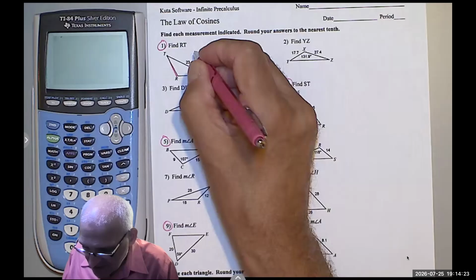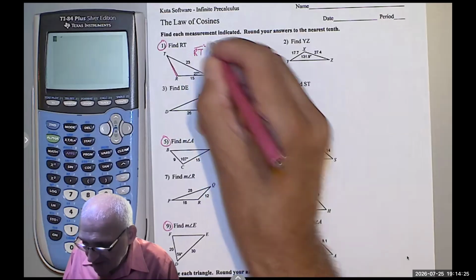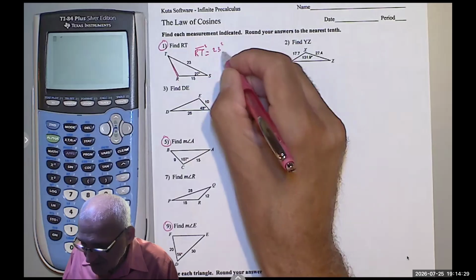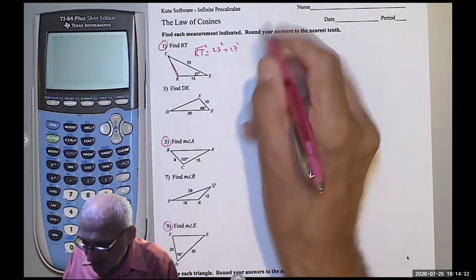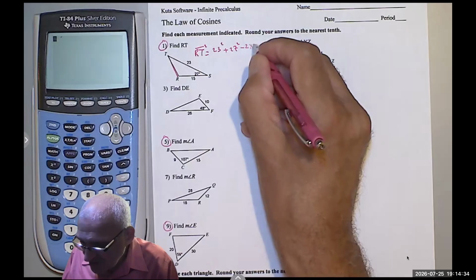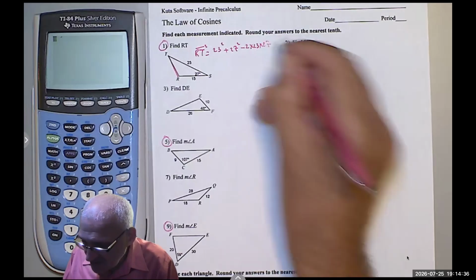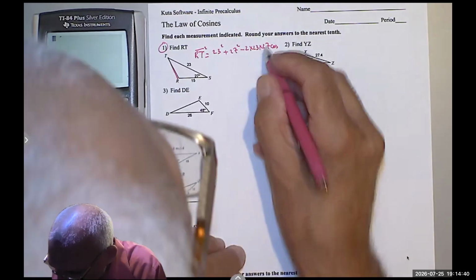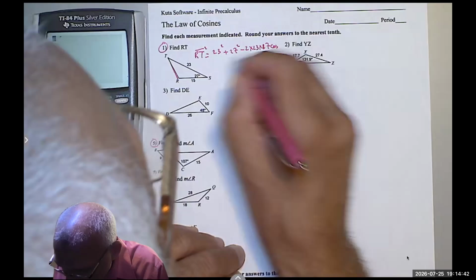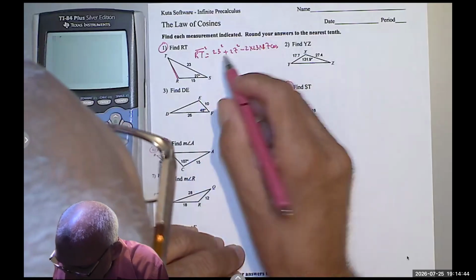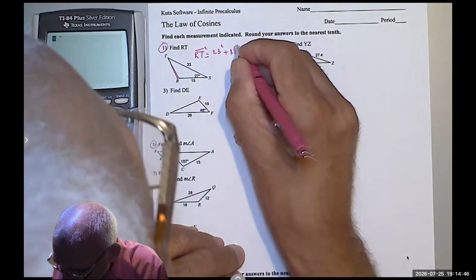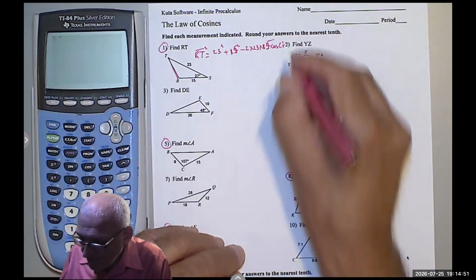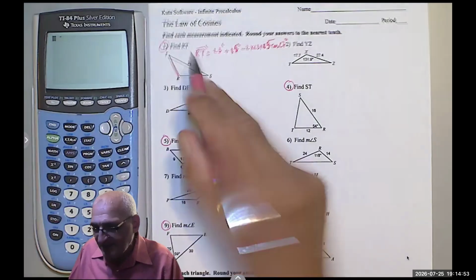RT square equals 23 square plus 15 square minus 2 times 23 times 15 times cos 27. Oh, I'm sorry, 15, not 27. That would give me the square, so I take the square root.